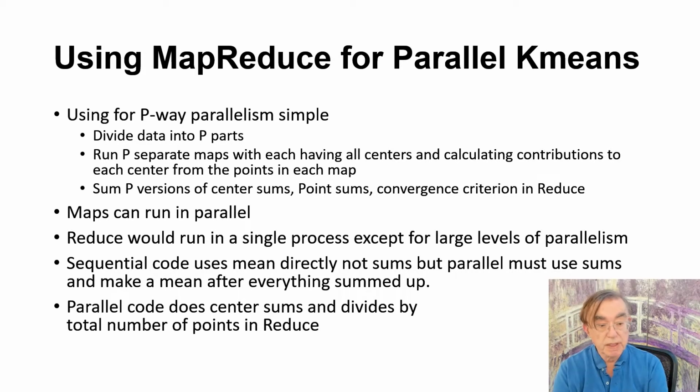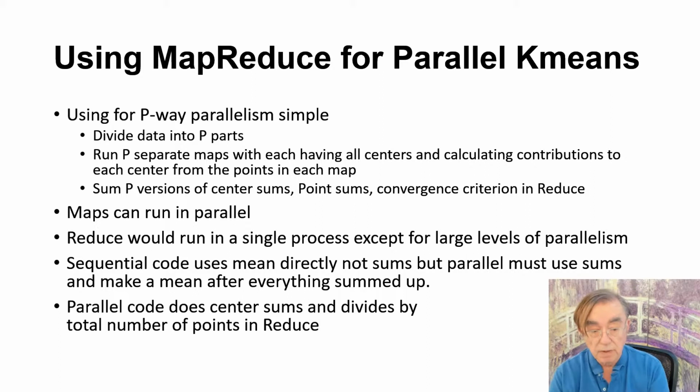Supposing we have P cores or P processors of whatever type they are, we divide the data into P parts. We run P separate maps, each having all the centers, and calculating the contribution to the center from the points in that processor. We sum the P versions all up in reduce.